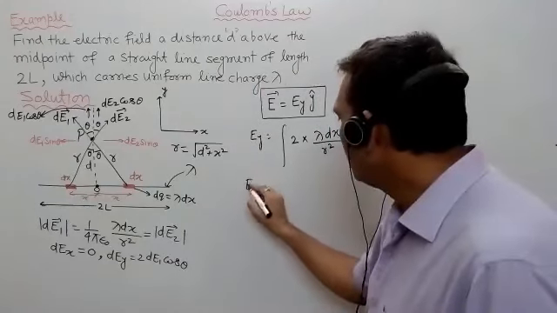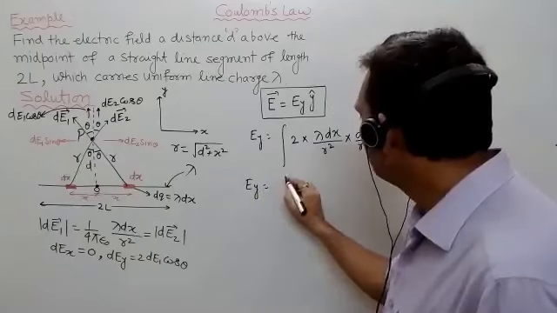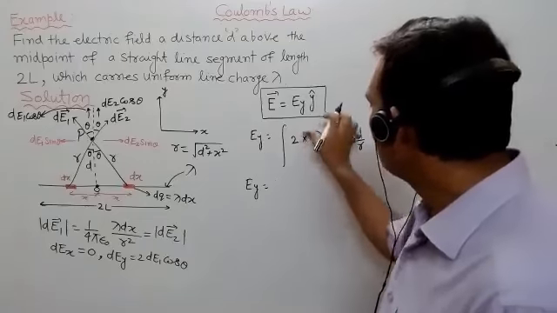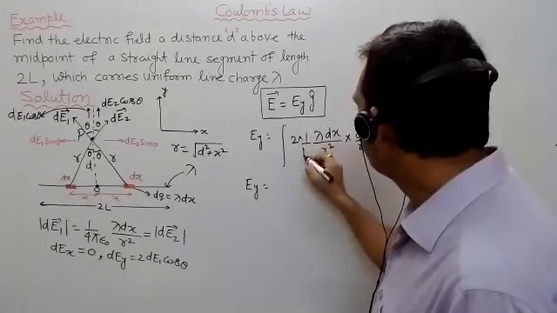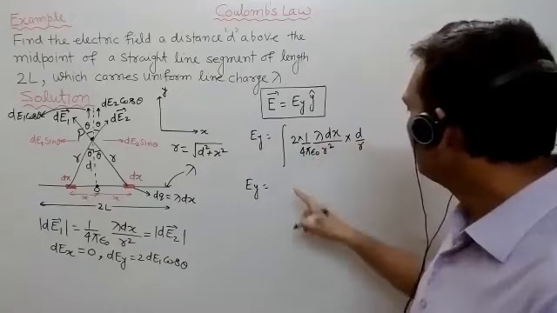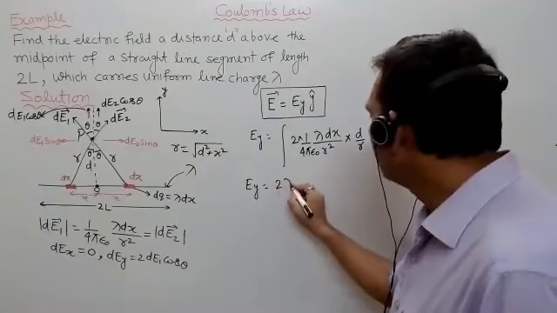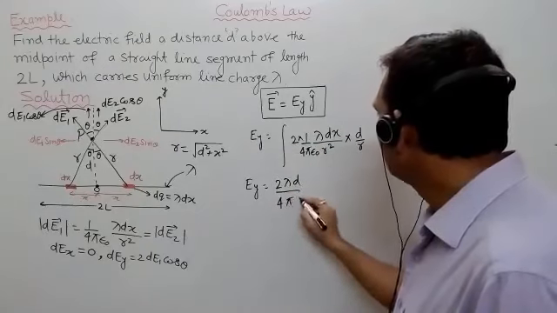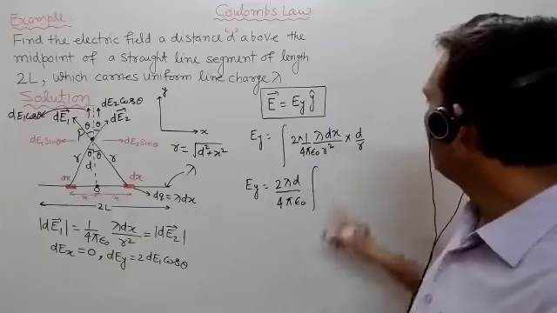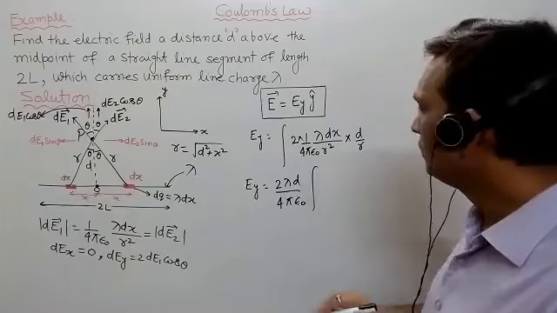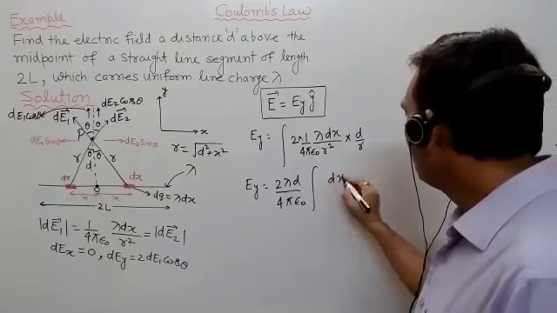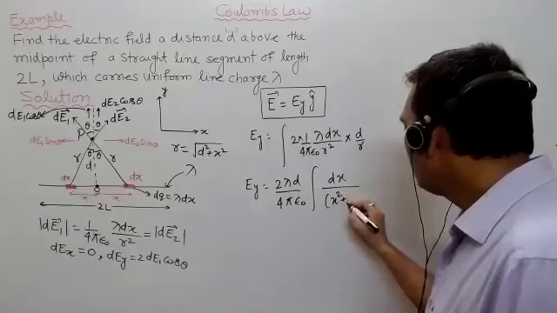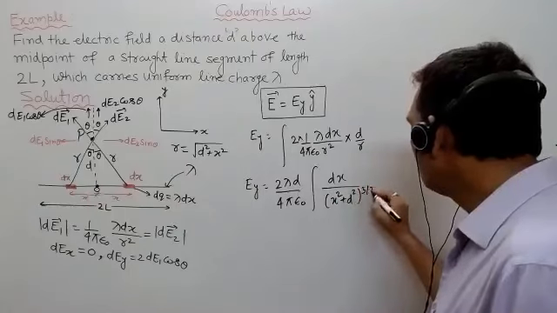So take twice lambda d, which is common, by 4 pi epsilon naught, and the integral, this r will give you dx by r cube, so this is x square plus d square power 3 by 2.